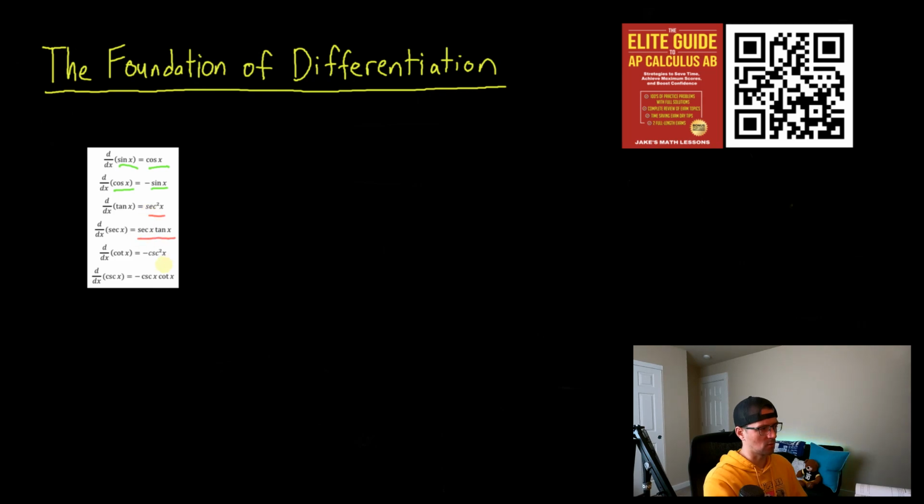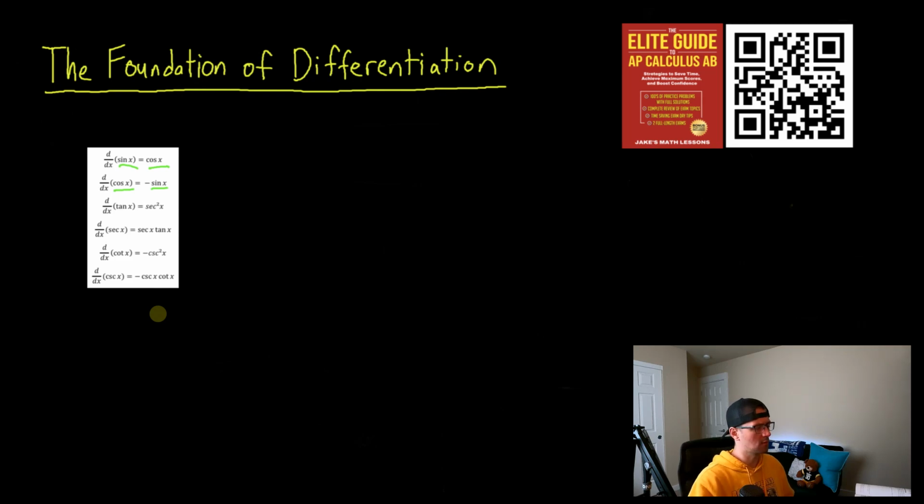Secant squared, secant tangent, negative cosecant squared, and negative cosecant cotangent. I couldn't tell you off the top of my head what those graphs look like, and I think most people couldn't. So I don't think that is a helpful way to go about these derivatives. You'll probably waste a lot of time trying to logic your way through those ones. I would simply memorize them.